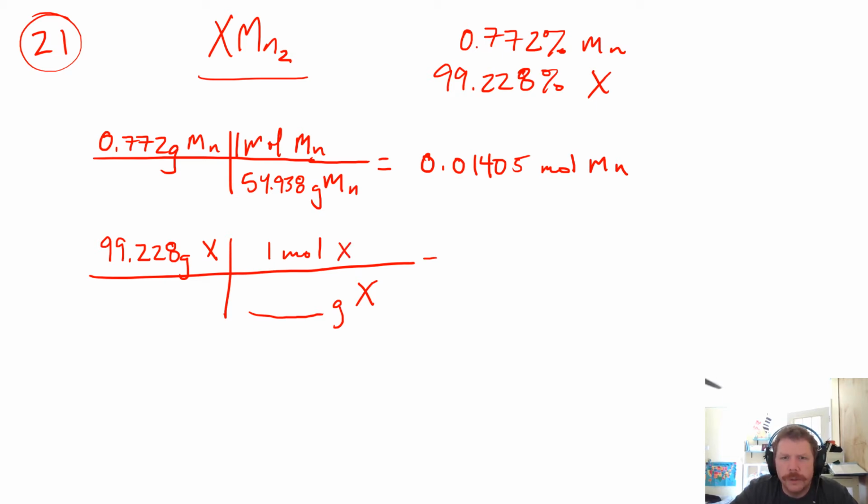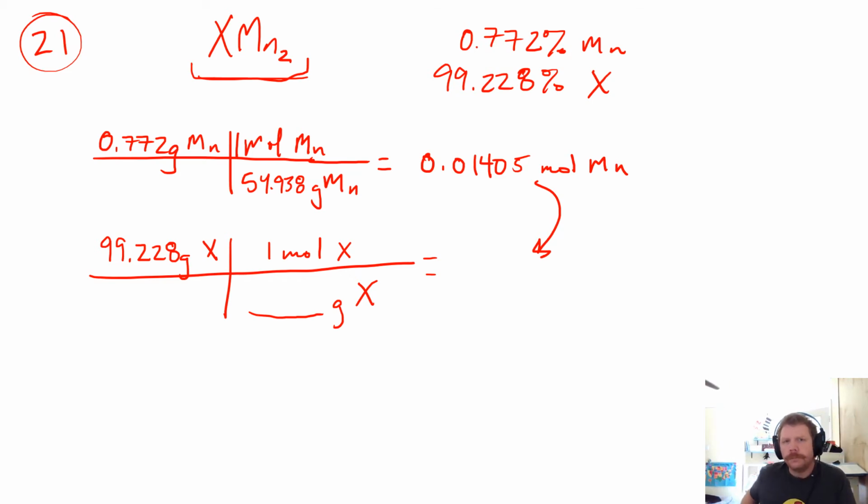So what I'm going to be able to do is I'm going to be able to produce this number right here. And the way that I'm going to do that is I'm going to look at the molar ratio that I've already been provided with. The number of moles of our protein to the number of moles of our manganese.